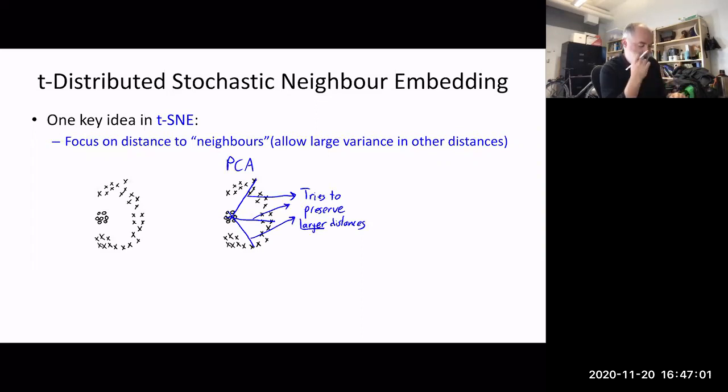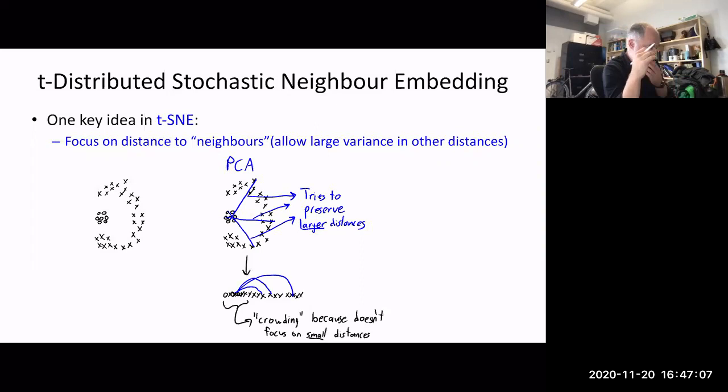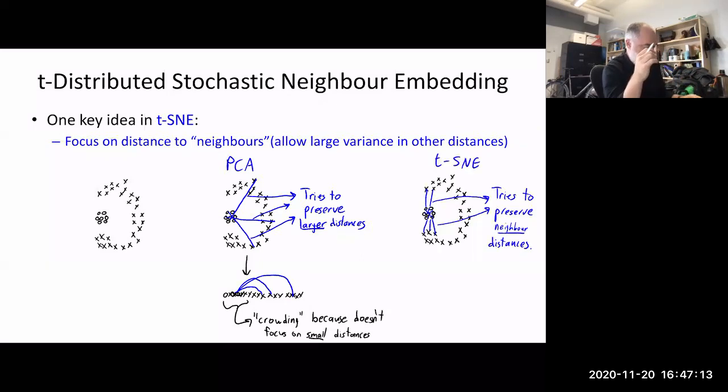You try to find principal axes of projection, and you try to preserve the large distances. And this leads to crowding because you're not actually focusing on any of the small distances. Principal components tries to find the axes of principal variation, which focuses on large distances. t-SNE tries to actually preserve neighbor distances explicitly, all the neighbor distances.